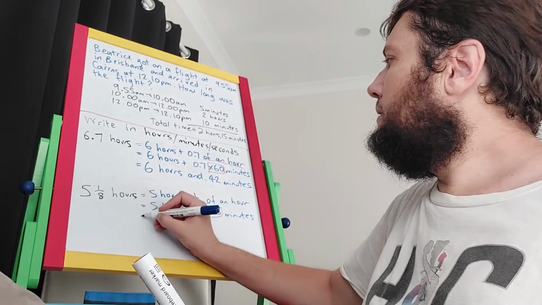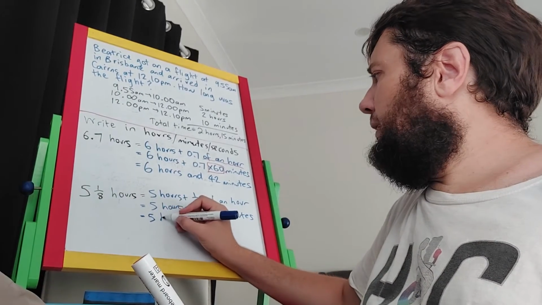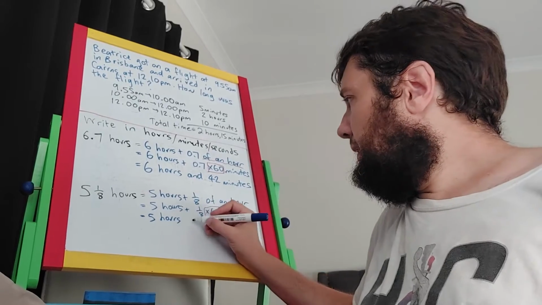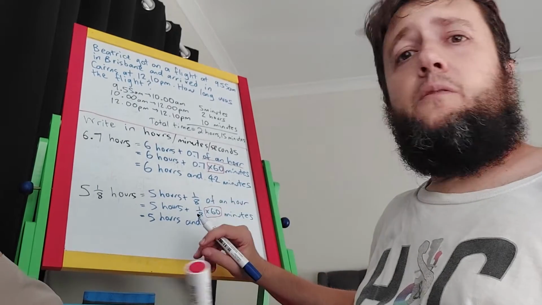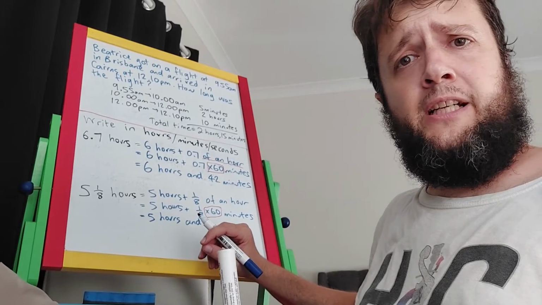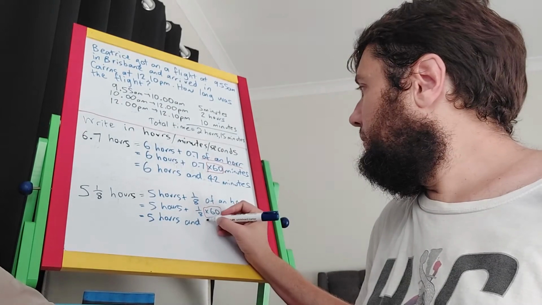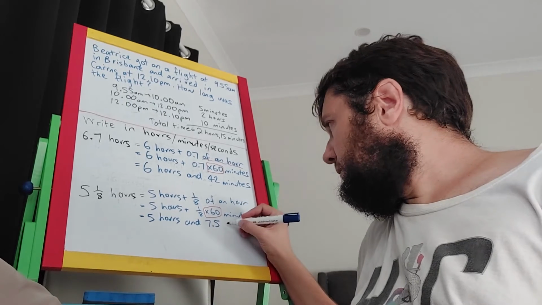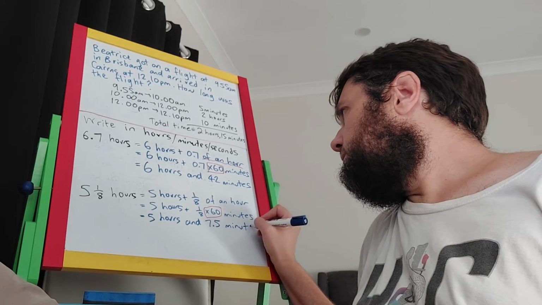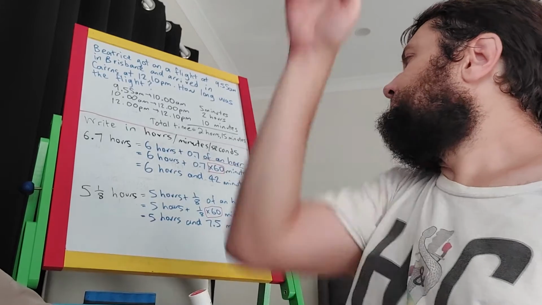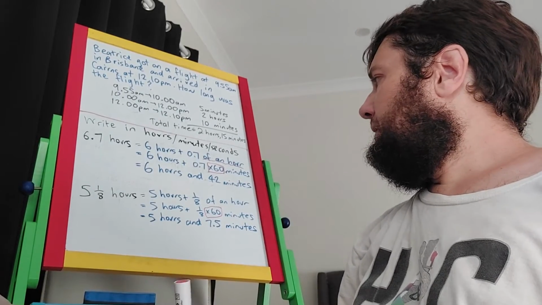Multiplied by 60, which gives us 5 hours and, well, that's not nice, is it? What is 1/8 of 60? 7.5.